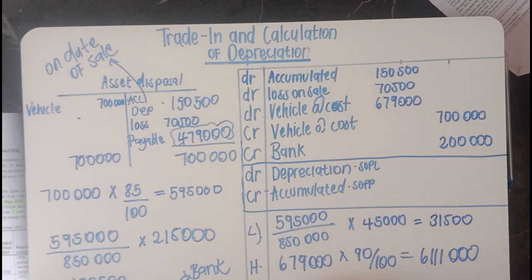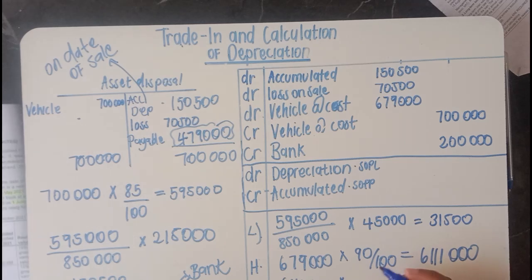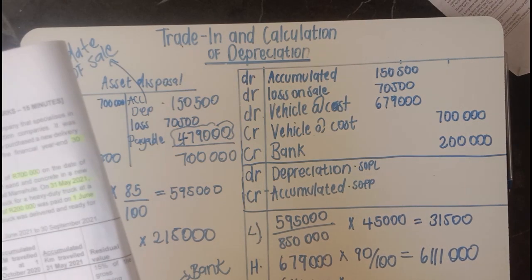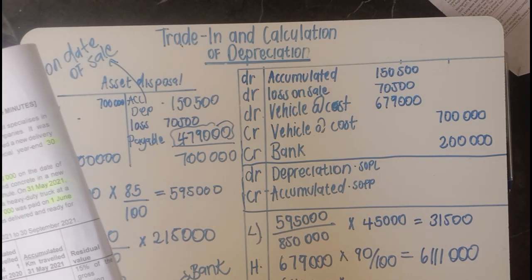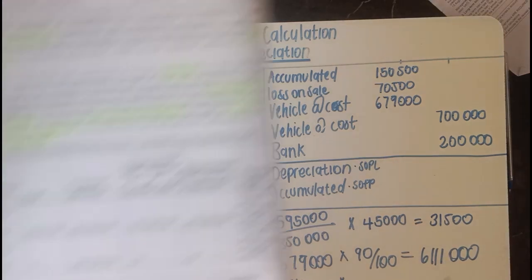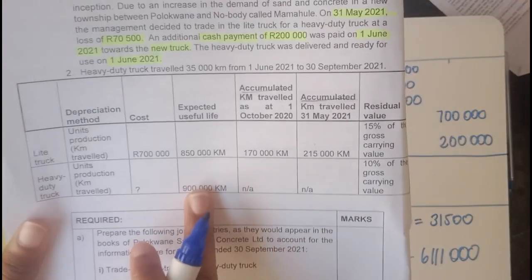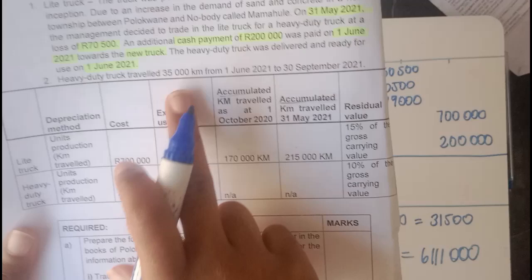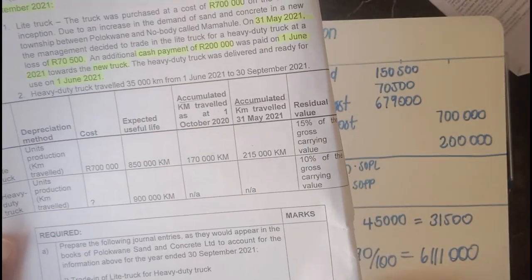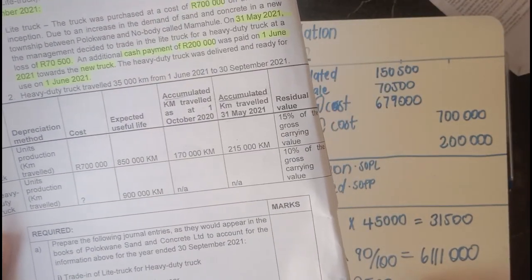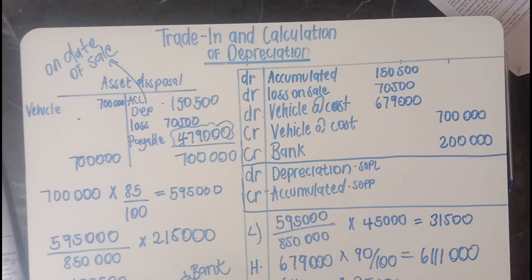Right? Then you take the 611,123, multiply by, oh, you have to put the useful life, which is 900,000. There it is. And then you have to multiply it by 350 kilometers.